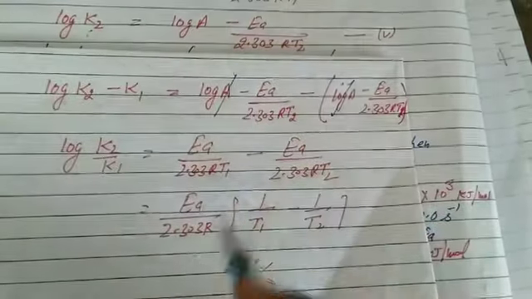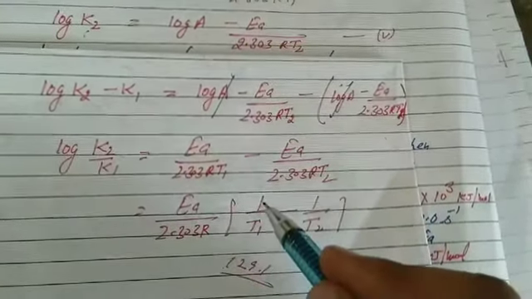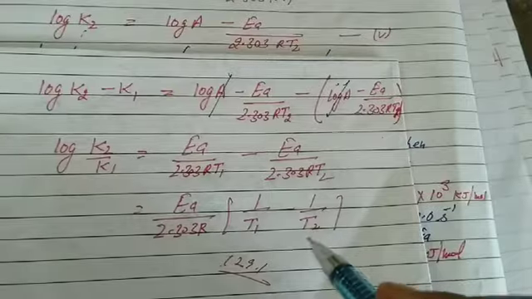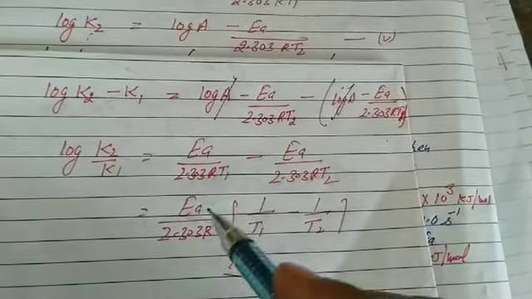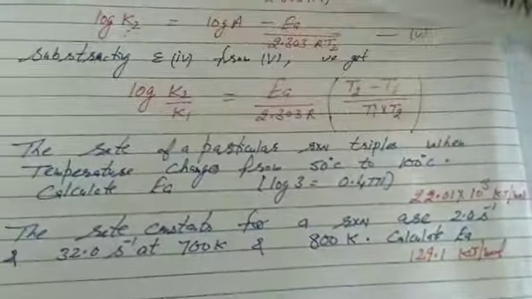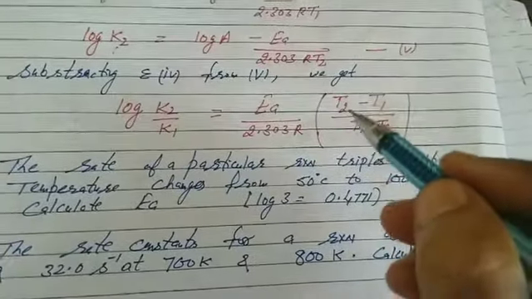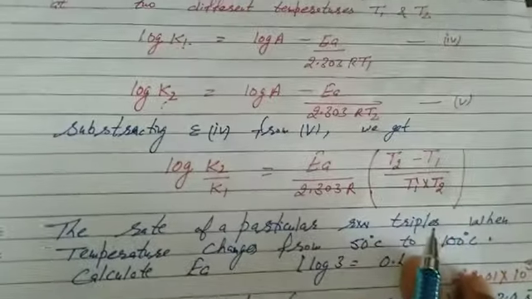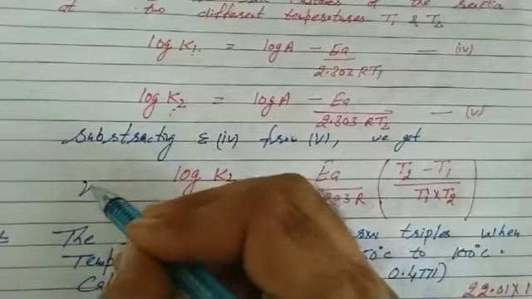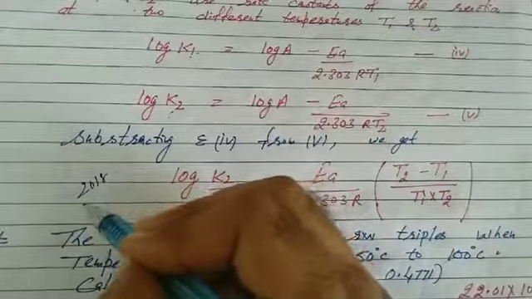Ea upon 2.303 R is common. It becomes 1 by T1 minus 1 by T2. After this, taking LCM T1 T2, it becomes Ea upon 2.303 R into T2 minus T1 upon T1 into T2. Students, in 2018, that was a question in the board exam for 3 marks.